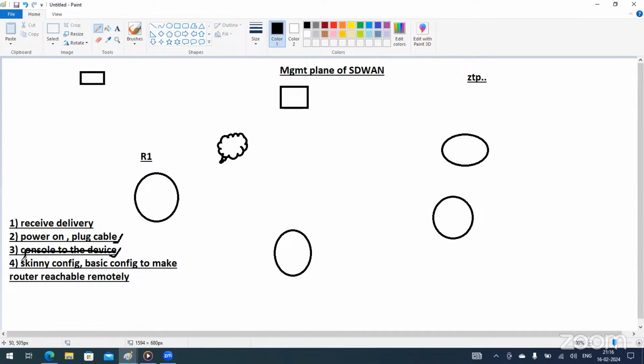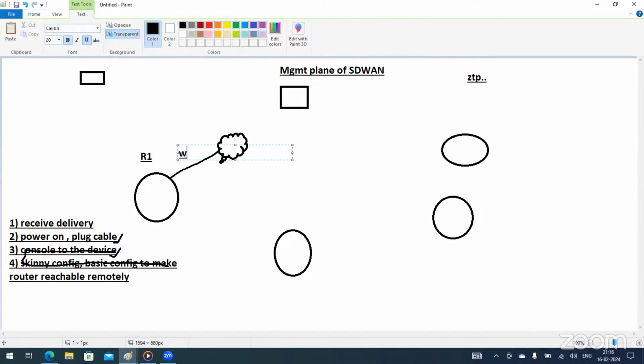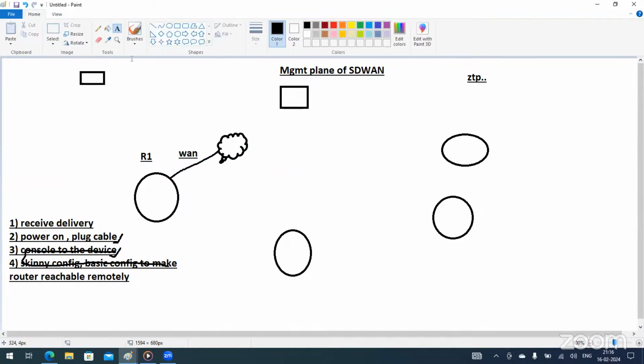This step 4 is also not needed. As soon as the WAN cable is connected to the device, it would retrieve all its configurations from the management plane component automatically. And in 3 to 4 minutes, this router would get its configuration automatically from this component.